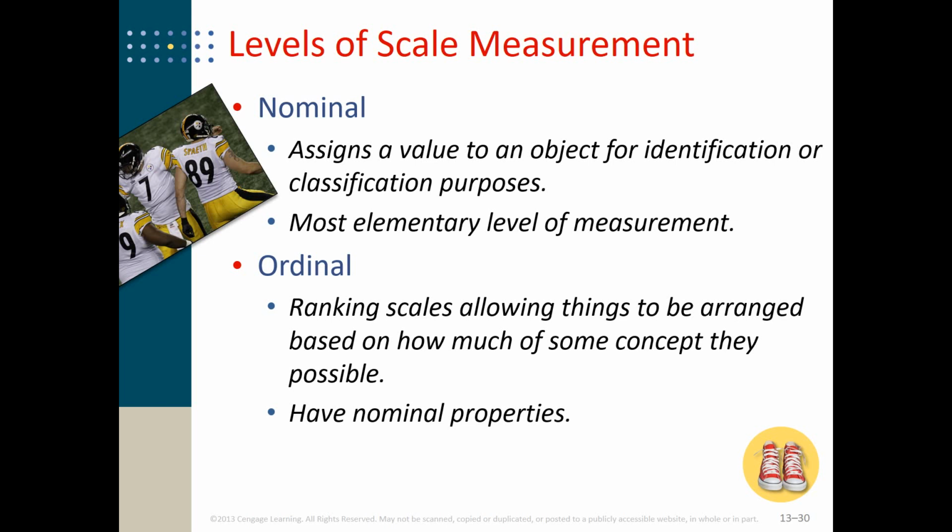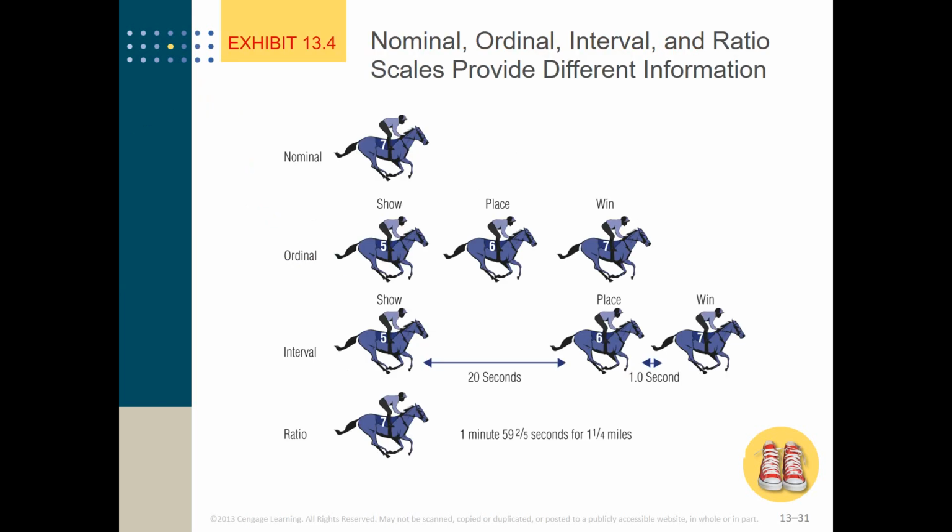To identify them, you provide some numbers like 1 for lecturer, 2 for assistant professor, 3 for associate professor, and 4 for professor. Now, these 1, 2, 3, 4 are provided to identify them, but at the same time, they represent some ranking. So this is ordinal measurement scale. I will come back to this figure.